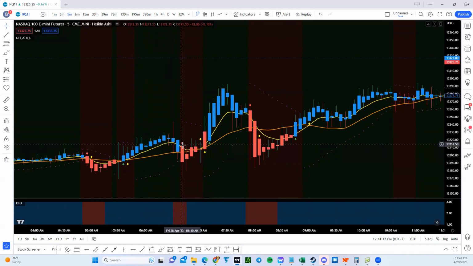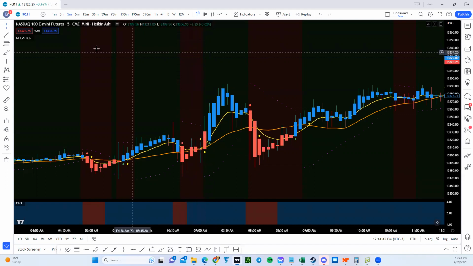So we'll see that the arrow fired down here, the candle colored red, and up here, the parabolic SAR flipped. There's a setting I programmed into this indicator so that when the PSAR flips directions, it'll color the background. You'll see it's kind of faint here, and you can adjust the color settings to be brighter or dimmer.